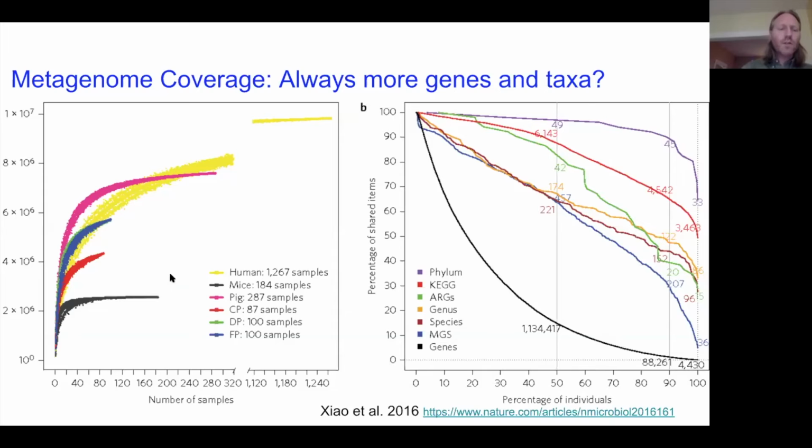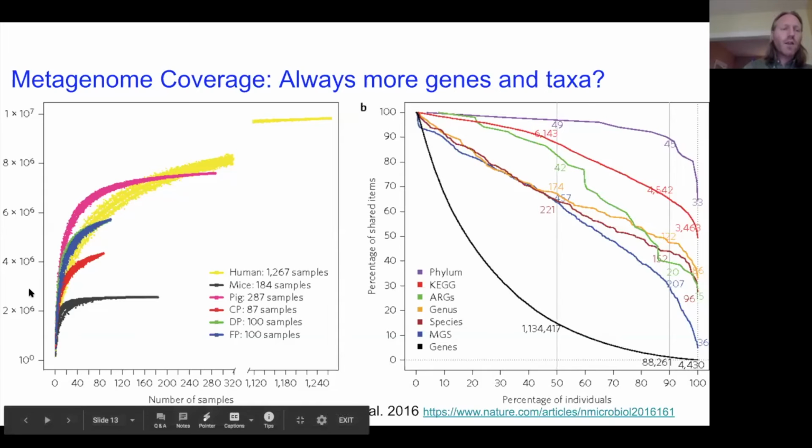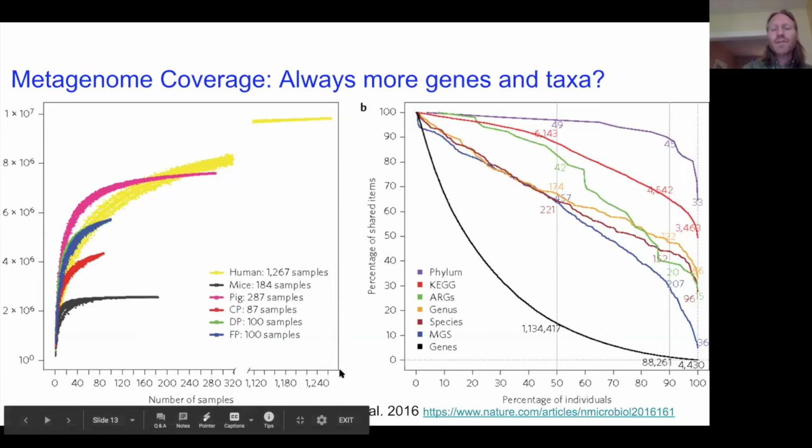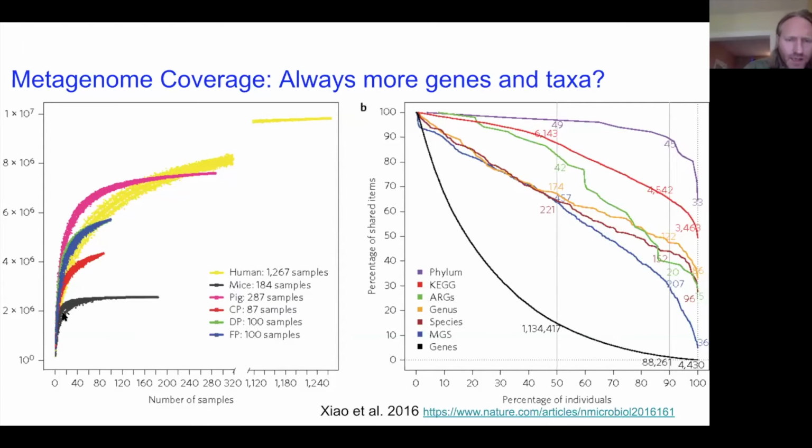So the graph on the left is looking at the number of non-redundant genes, so using a gene caller and a clusterer to assign genes to gene families, based on the number of samples sequenced for various different sample types. So this lowest one here is from mice, and the red one is from, I actually forget what these abbreviations are, but the yellow one here is humans.